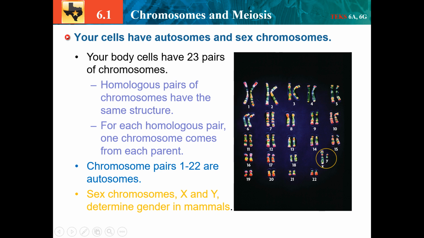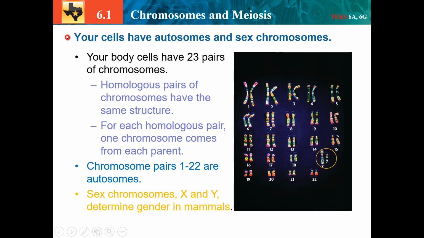A homologous pair is referring to chromosomes that have the same structure. So meaning this chromosome right here and this chromosome right here form a homologous pair because they have the same genes. Meaning if you look at this coloring that you see on these chromosomes, these are different genes that are along all of these chromosomes.